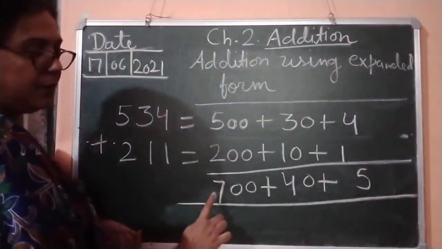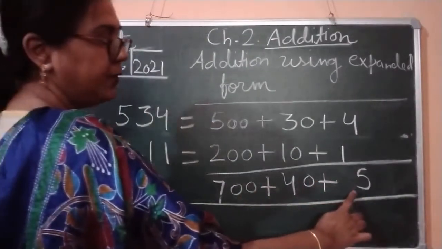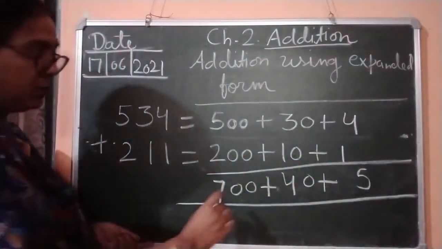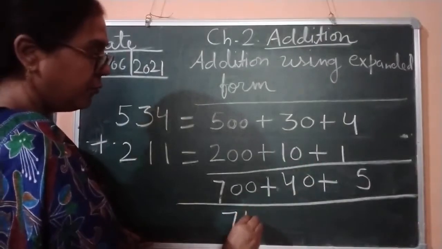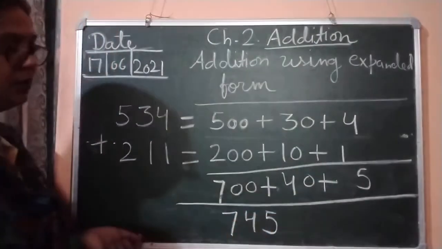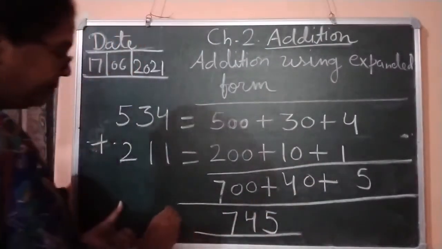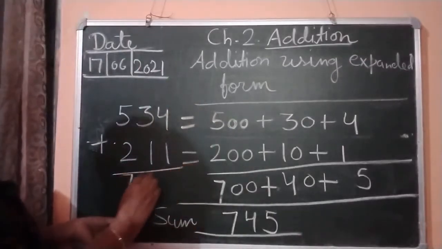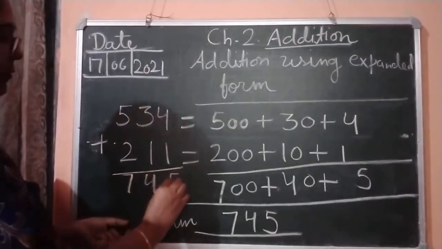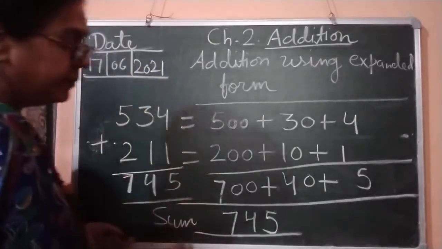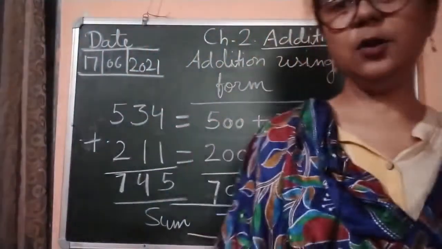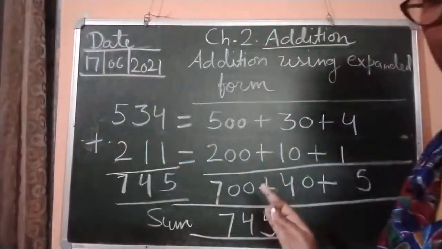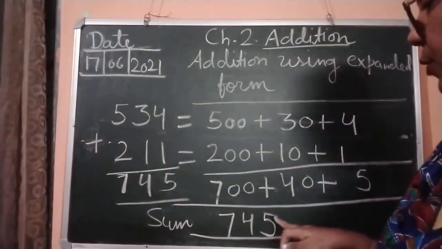Now here, what is the answer? We will write the first number of this addition. So what will we write? 7, 4 and 5. What is the sum? The sum of this number is 7, 4 and 5. After we add in the expanded form, what are we getting? 745.